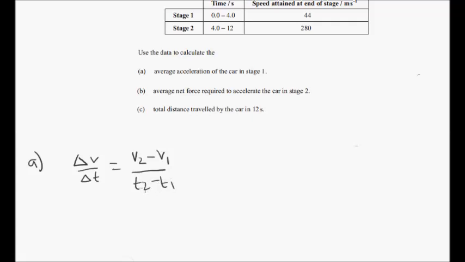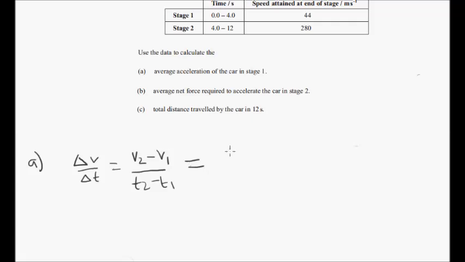t2 is the end time of that stage, and t1 is the beginning of that stage. And since the stage we're talking about is stage 1, you can see here, the first time is 0. So let's substitute our values.